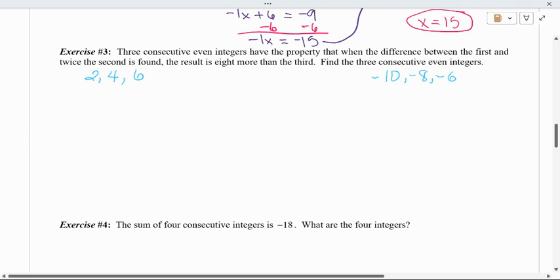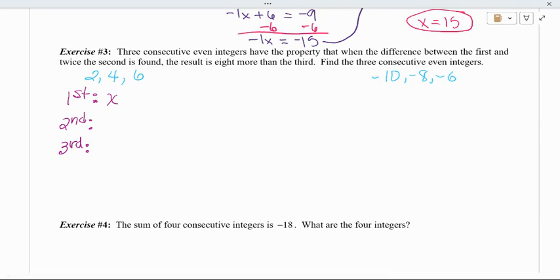So every single time I have to define my integers. So I have 3 of them. So I'm going to have the first one, the second one, and the third one. So if the first one is x, what do I do to 2, my first integer, to make it equal 4? Add 2, x plus 2.